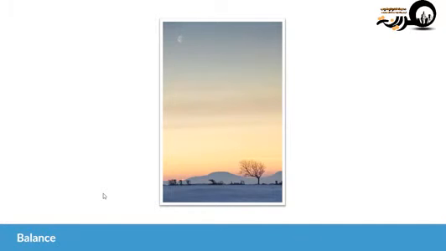However, from a compositional point of view, it's rebalanced by the moon in the top left corner, the very, very subtle moon in the top left corner here. What also really works here is that we have this lovely gradient of tone and colour leading us up through the photograph. So these two elements are balanced with each other, and we have this lovely colour here as well that certainly adds to the scene to help us bring our eyes through the entire scene.